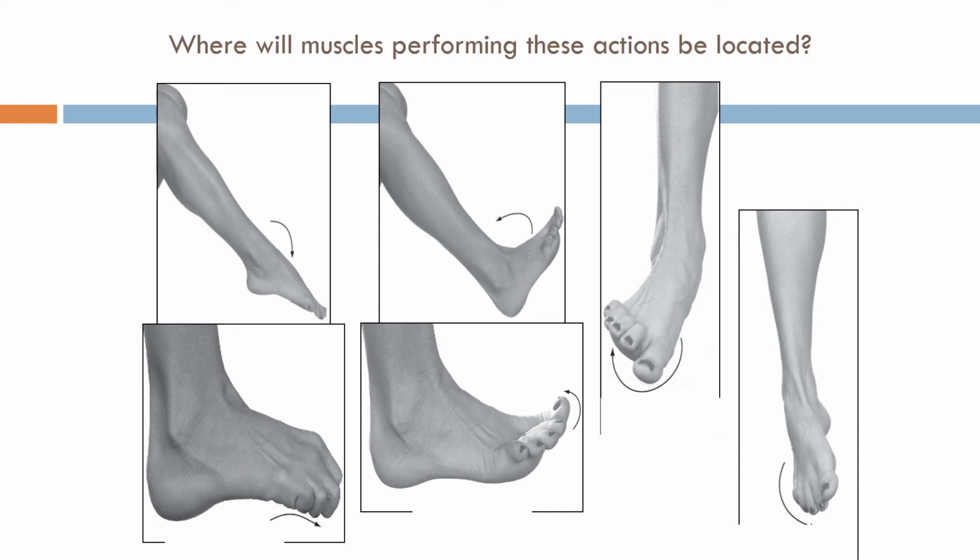So just think logically, and we're going to show you on the next slide where it would be. But for instance, if I just asked you, where's the general location of the muscles that produce plantar flexion, so the toes pointing down, where would it be? Be on the posterior side, right? So you're going to get shortening here. It's going to cause plantar flexion.